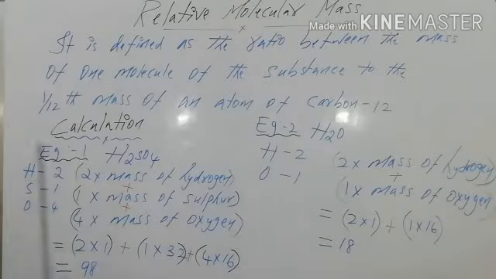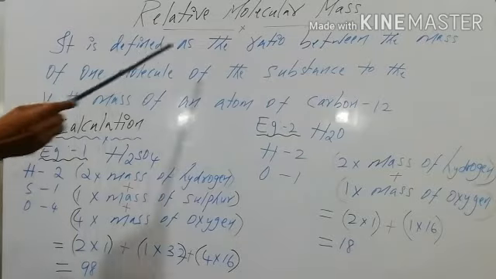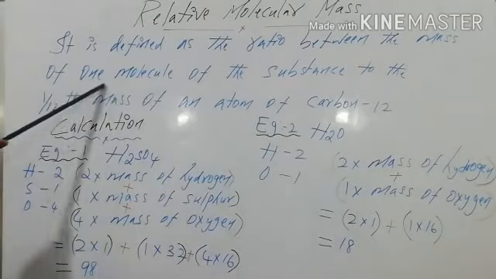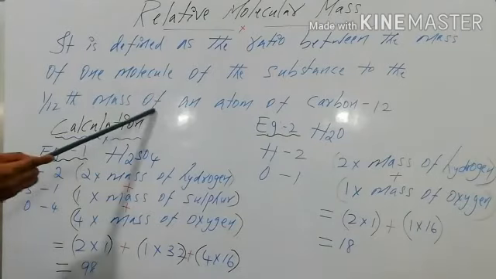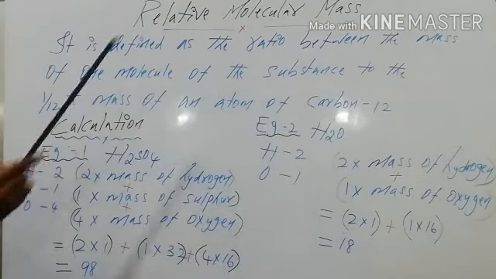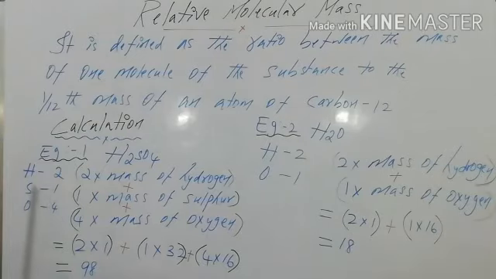Relative molecular mass is defined as the ratio between the mass of one molecule of the substance to 1 by 12th the mass of an atom of carbon 12. Relative atomic mass is defined as the ratio between the mass of one isotope to 1 by 12th the mass of an atom of carbon 12.